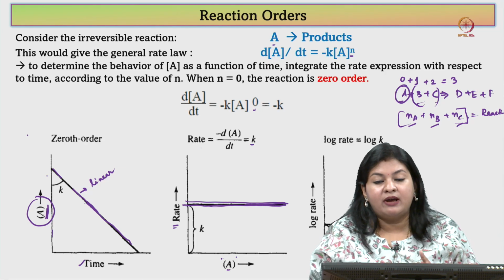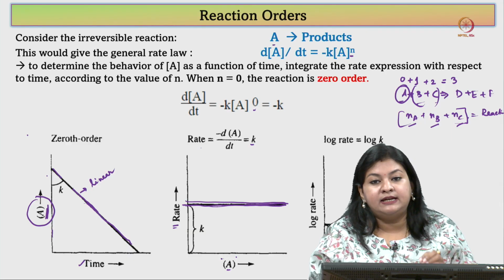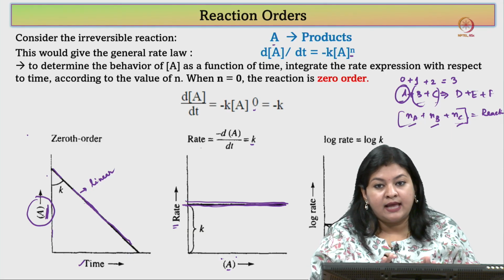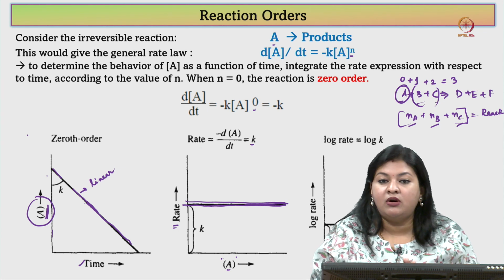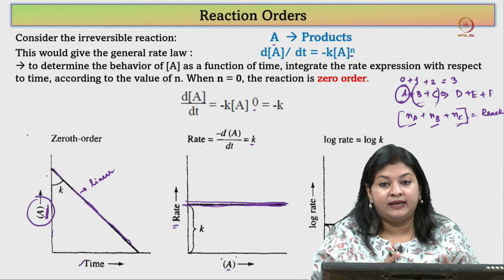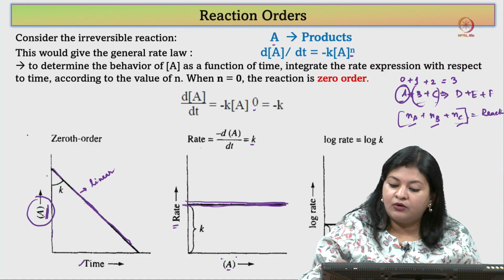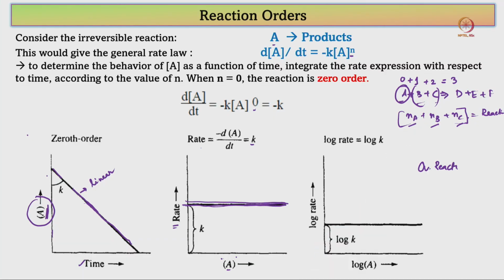When you have a simple A decomposing into a product and that reaction does not depend on the concentration of A, then the overall reaction order is equal to 0, because only one reactant is decomposing. If you write it in log terms also, the plot will come like this. So, log of rate, that means this value is giving my log K value, and this is my log of concentration.